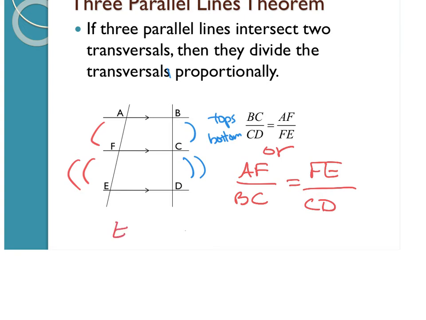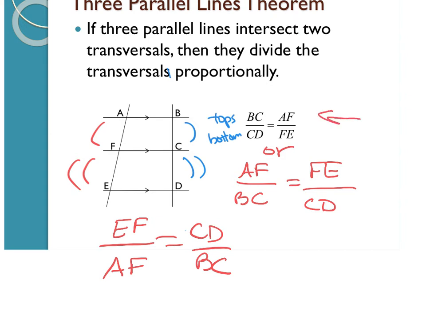Like you could put the bottom, EF, and then the top, and then the bottom, and then the top. Either way, just find how you're going to do it and stay consistent. It might be easier to just do it like they do and put the tops in the top of the fraction and put the bottoms in the bottom. That might be the easier way to memorize it.